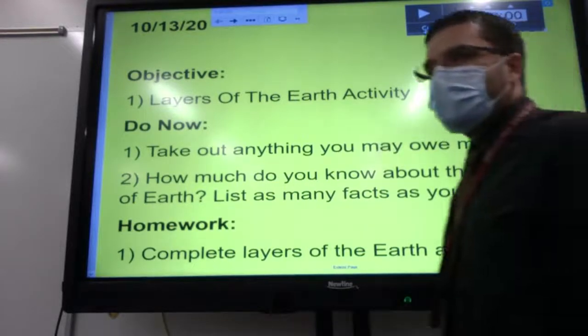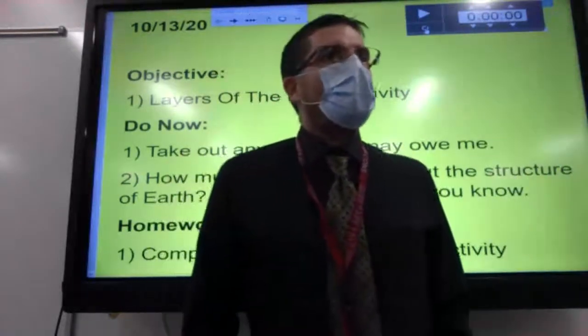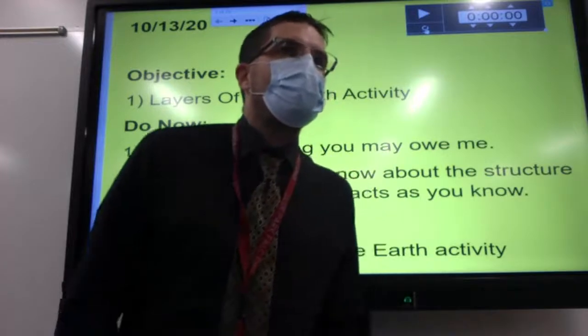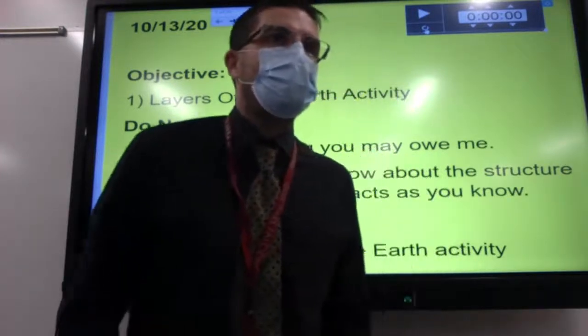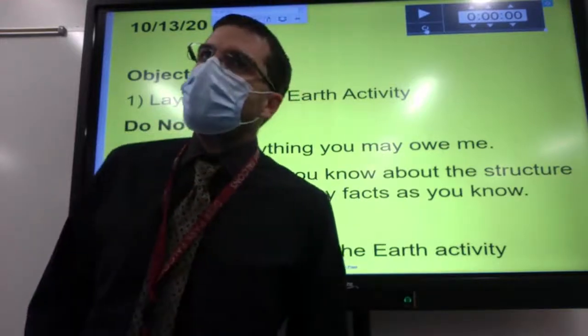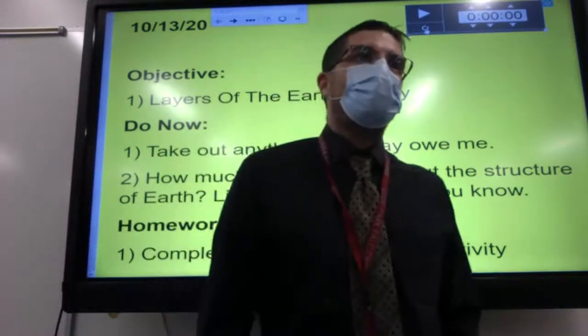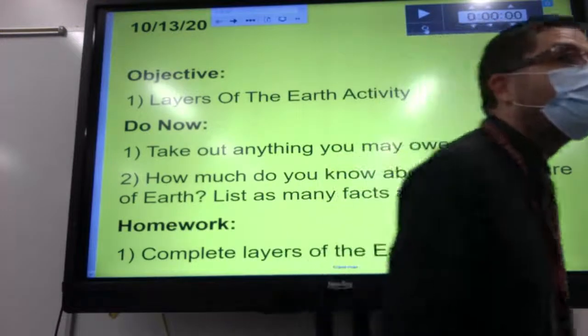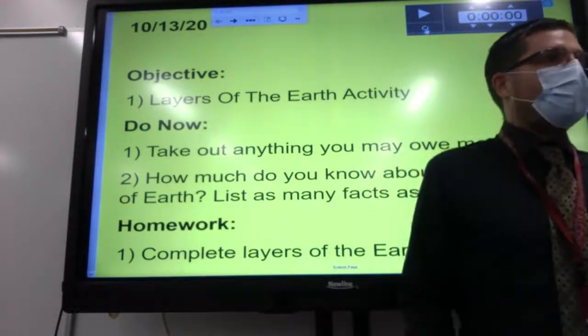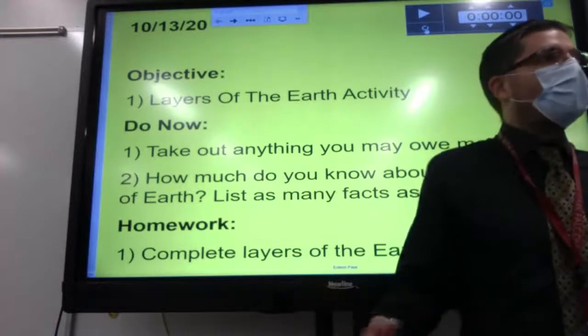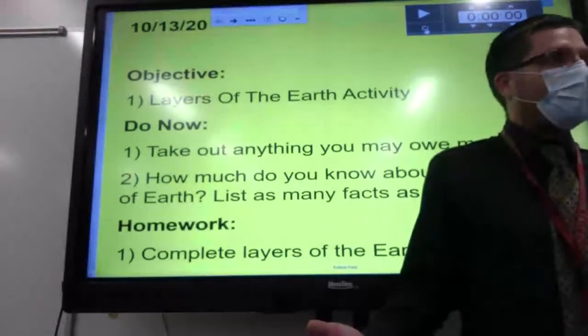Anybody have anything else? What about the crust? Does anybody know what type of rock it's made of? I'll give you a hint. You can find this rock in your kitchen. Maybe the floor. What's that? Granite. Very good. So the continental crust, that's continents, land, right? That's made up of granite.